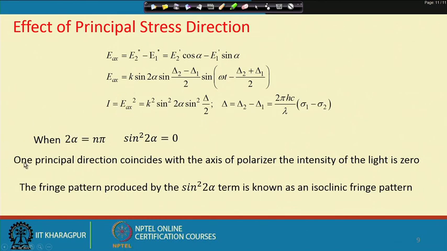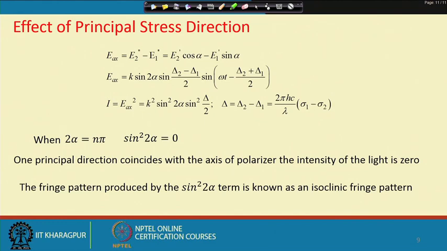What this means is that one principal direction coincides with the axis of polarization, since alpha is 0 and the intensity of light is 0. This gives us the first extinction of the intensity of light.